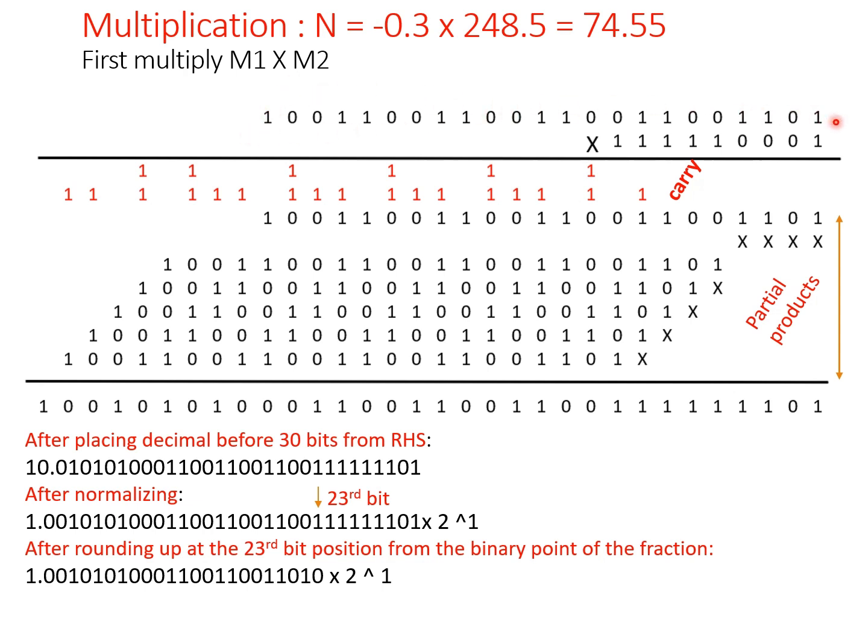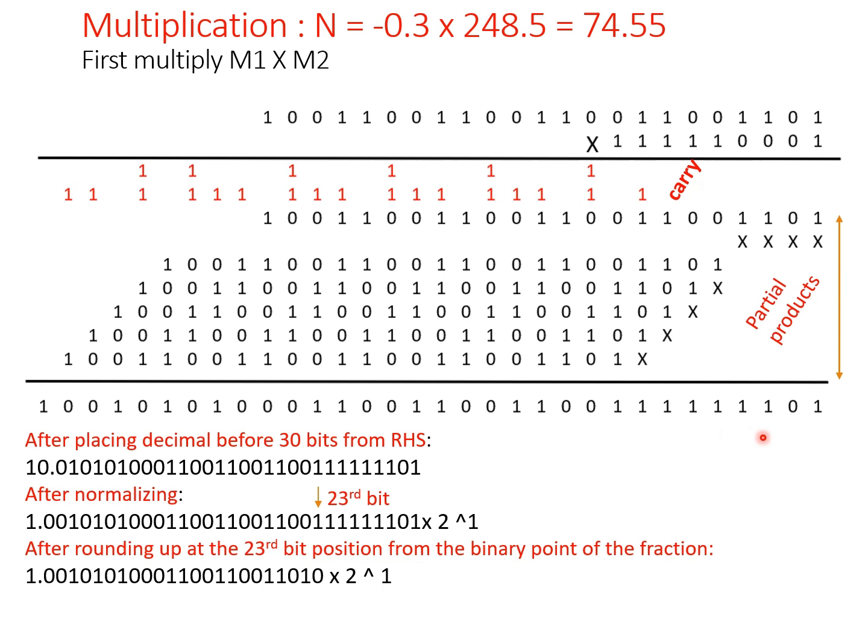There are total 23 bits, and here it is 1 2 3 4 5 6 7 8 9. So 22 plus 8, 30 bits. So from the right hand side, it will have 32 bits, and then you will be putting the binary point here in the product. Okay, so it came out to be this big number.